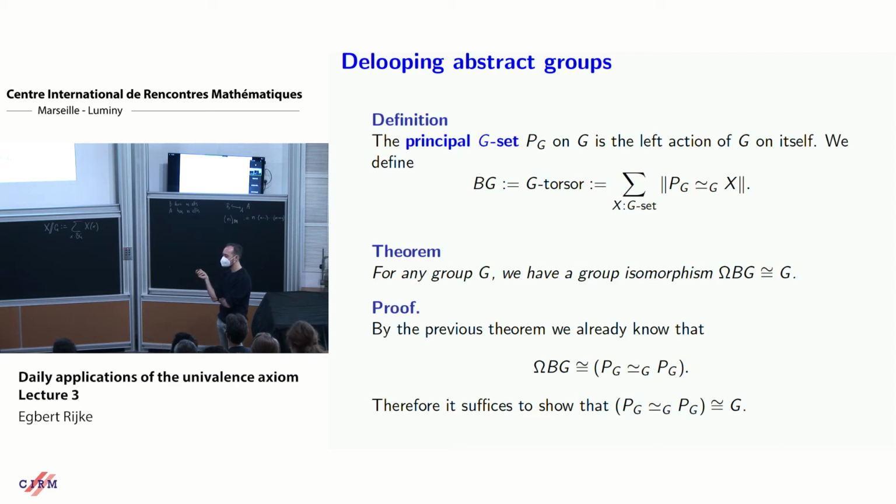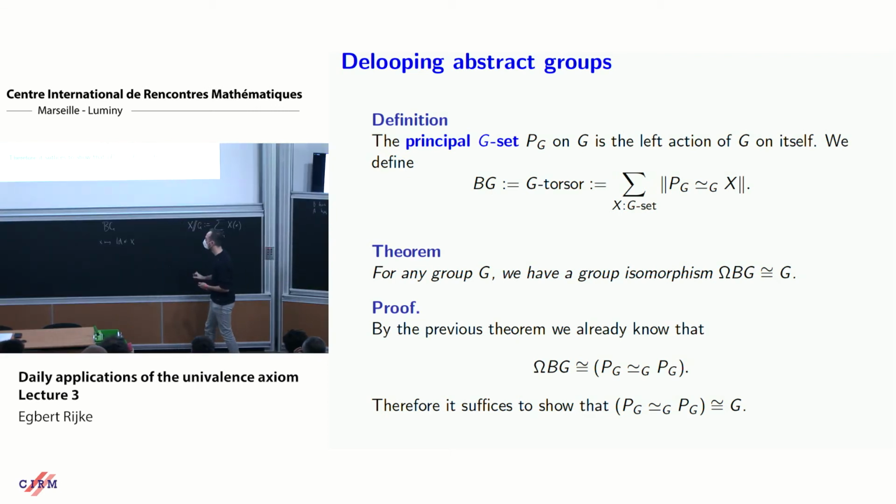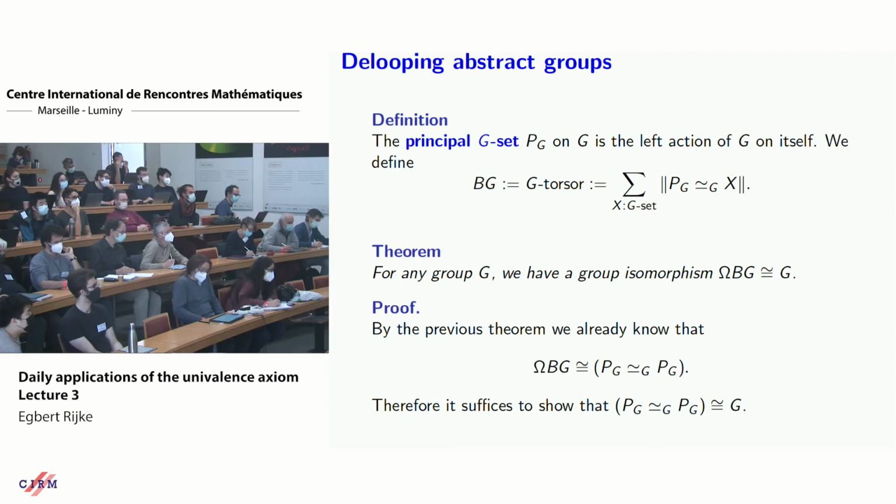So if you have any B of G, then you have this G-set that maps a little x to the identity star x. This is maybe the concrete version of the principal G action. Let's call this one PG again, but remember that we are now in the world of concrete groups.